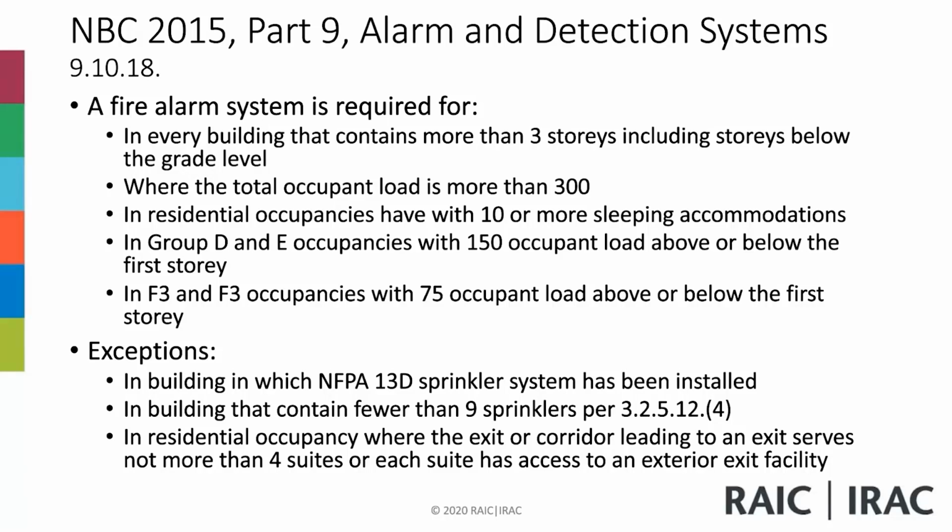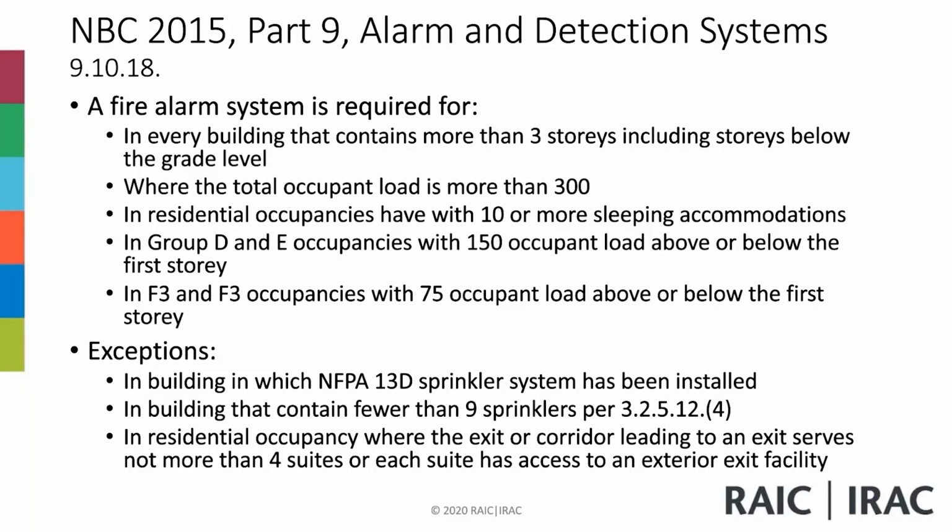Can somebody explain this one to me? When we're looking at building height, we look at the building height from what level to what level? The building height is from the first floor above grade. Okay, so the building height is from the first story above grade level, from the first story up.